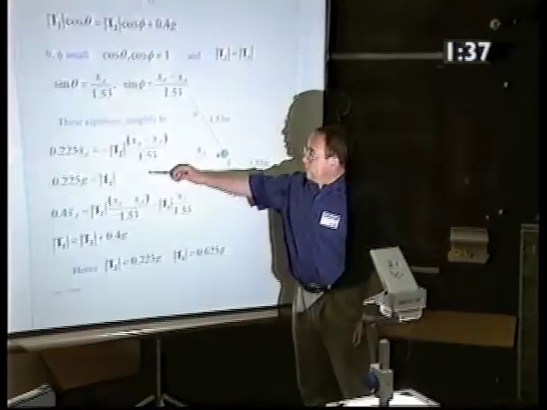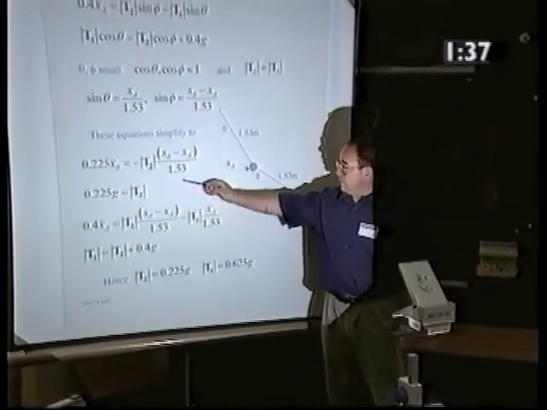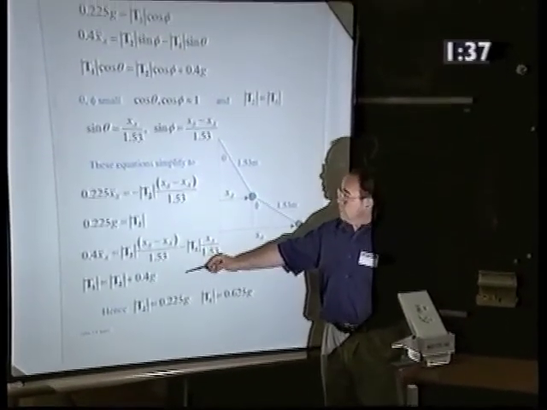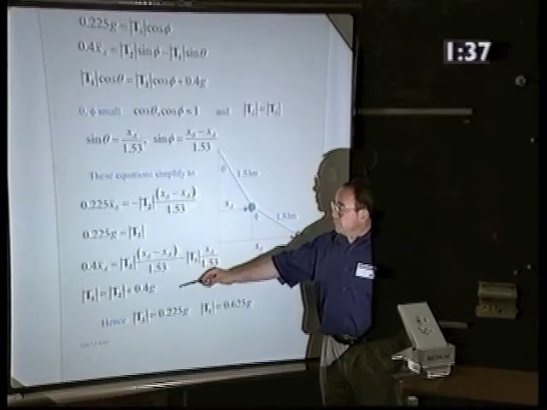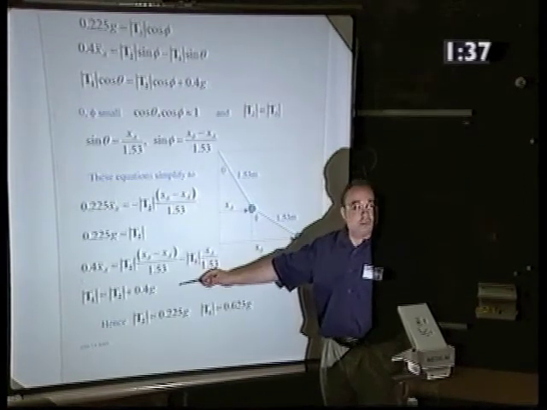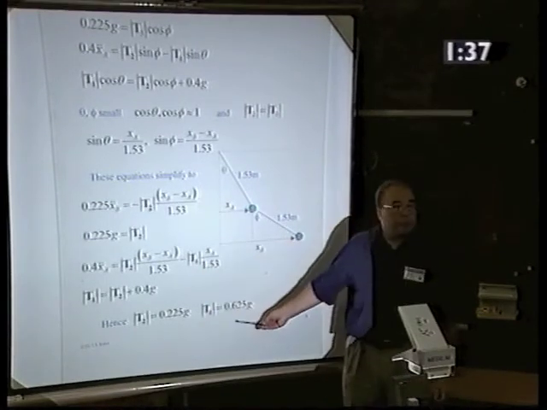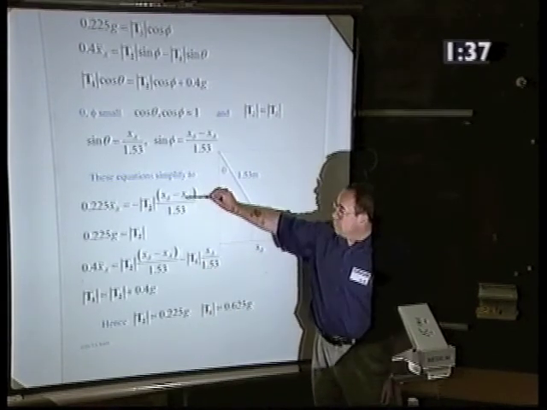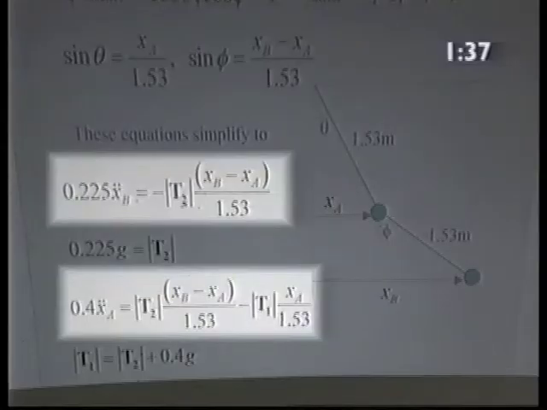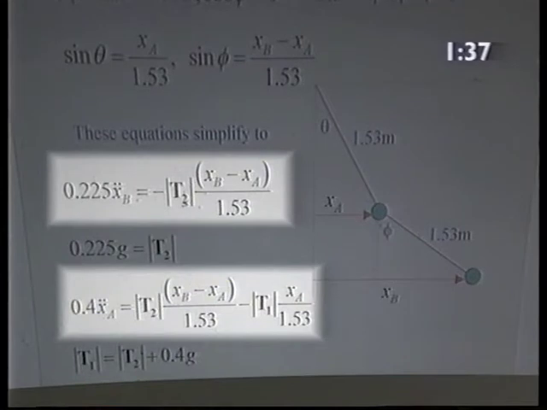So if we look at those equations now, we've used equations 2 and 4 here. They've given us the two values for the magnitude of T1 and the magnitude of T2. I can now put these two magnitudes into equations 1 and 3.